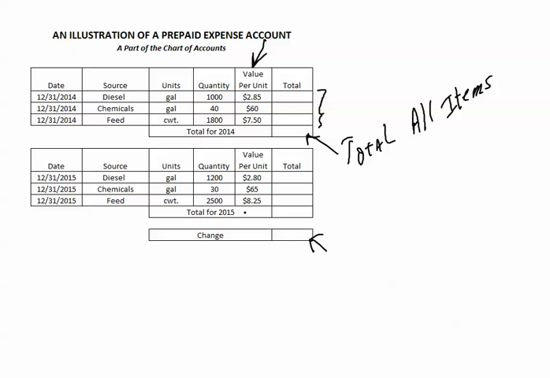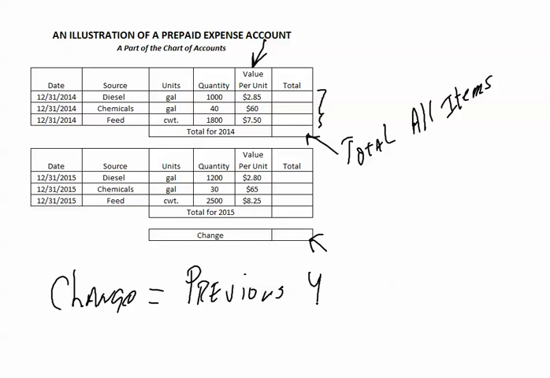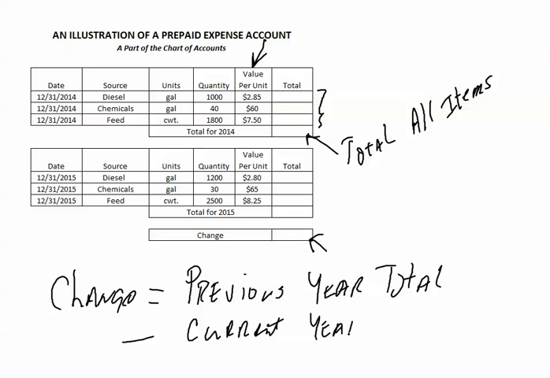But to calculate that change, it's going to be equal to the previous year total minus the current year total. In other words, it's just the opposite of how we've been doing that.